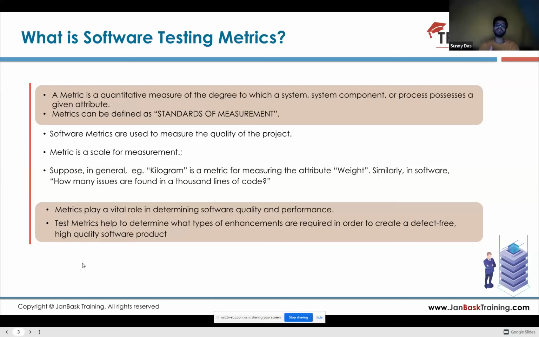So this particular software testing metrics will give you those insights, where you can actually improve your whole development and testing, where the testing team is lagging, where the development team is lagging. So all those details can be found out from the different types of metrics that we are going to talk about today.